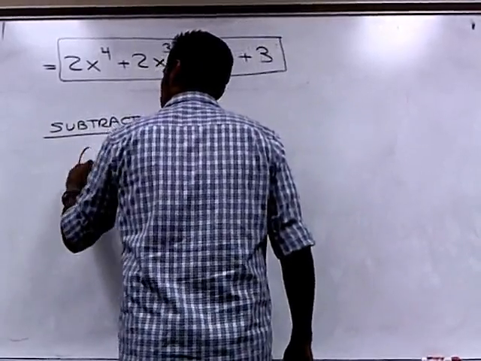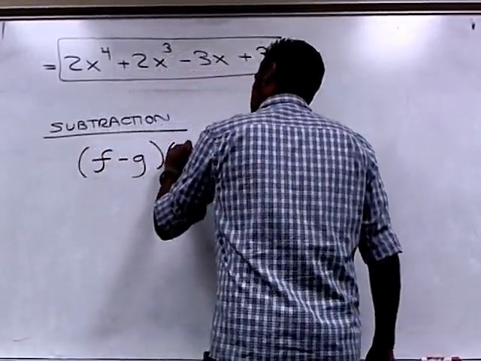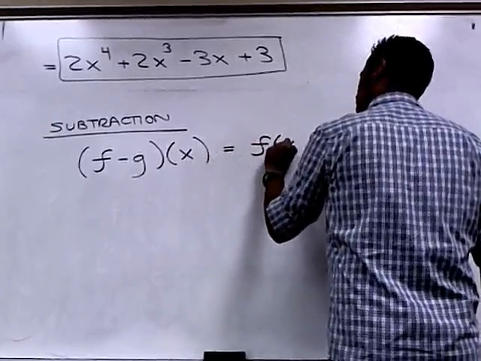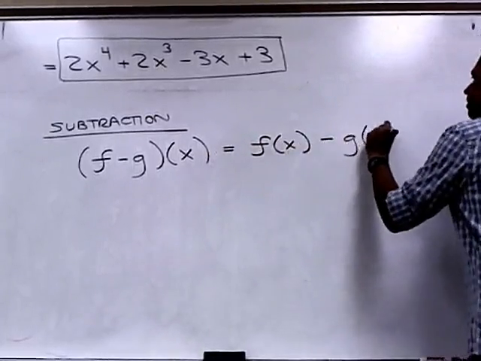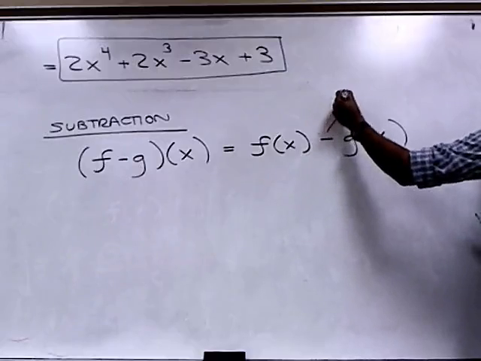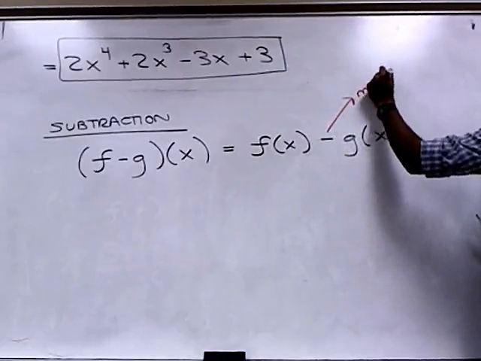If I write f minus g like that, then what this means is you take f of x and you subtract g of x. Now, be very careful. This must distribute.